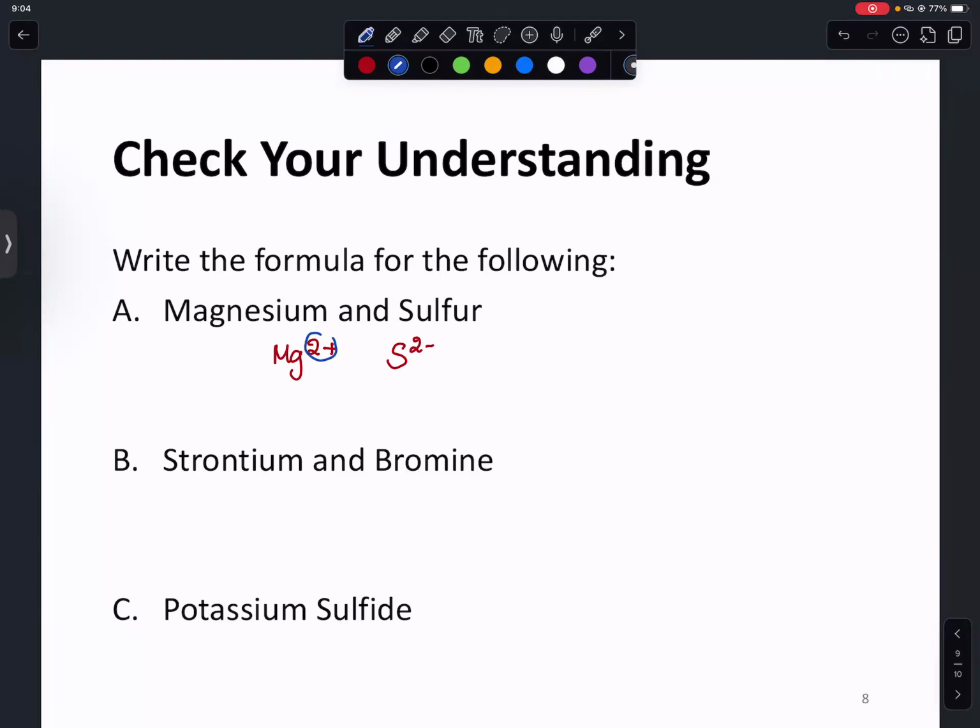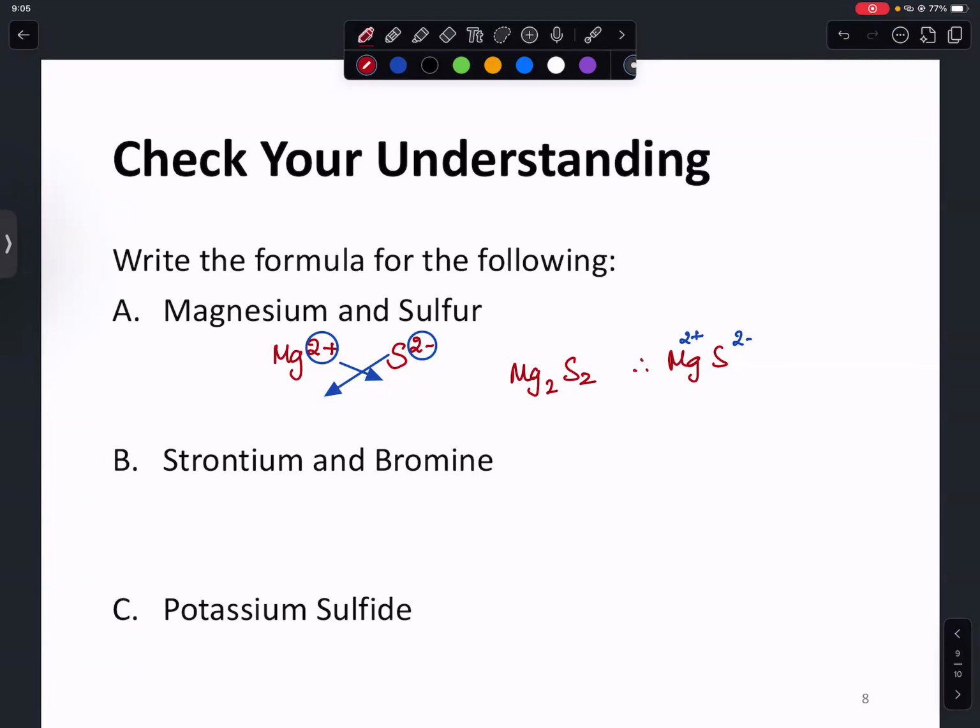Then the charge becomes the subscript, so we have Mg2S2. Do not forget to reduce to the lowest common denominator. Therefore, it will be MgS. Now let's check. We have a neutral compound with an overall charge of 0: 2 plus and 2 minus.